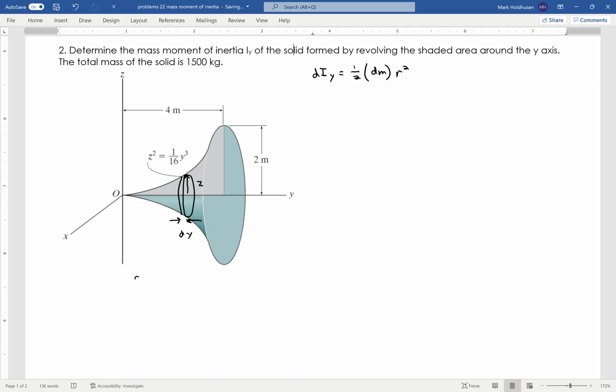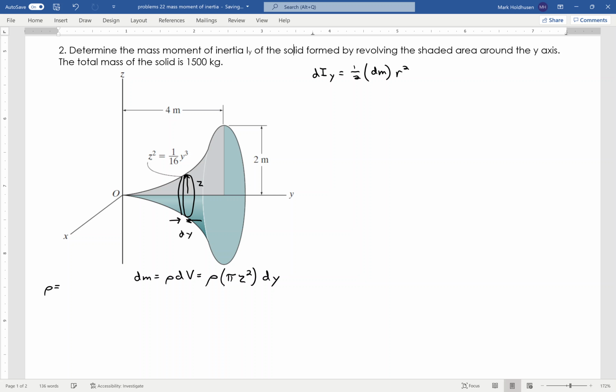And again, dm is rho times dv, where dv is going to be pi r squared times the thickness, where r is z and the thickness is dy. Now the thing is I don't know what rho is, but I do know the total mass of this solid.